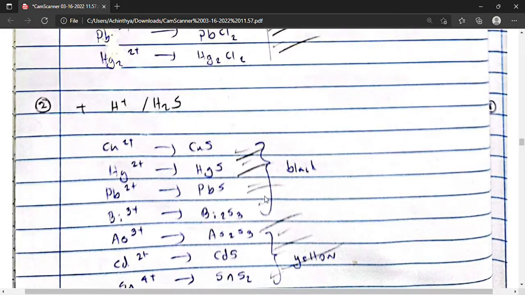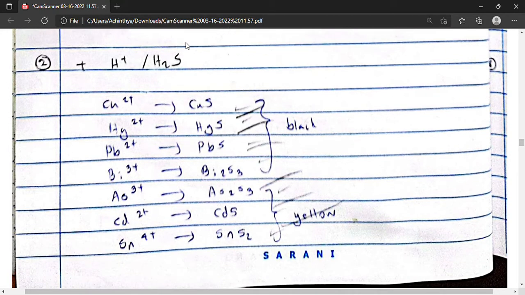So if a black precipitate is present, we can identify that either the cupric ions, the mercuric ion, the plumbous ion, or the bismuth ion are present. We can use secondary titrations based on solubility product to identify which of these are present, and we can do the same for these salts.